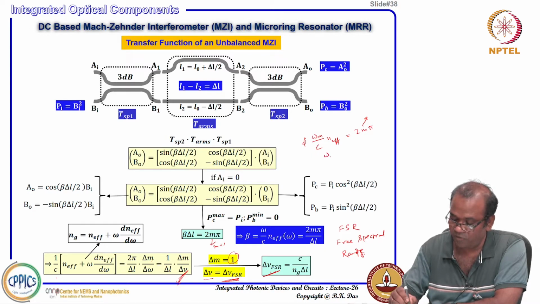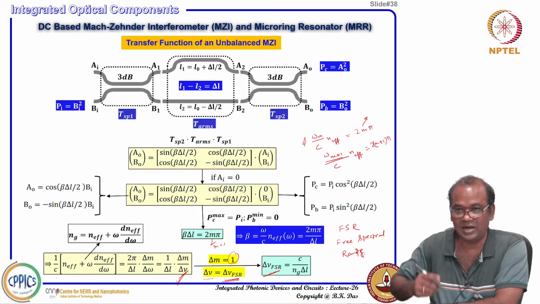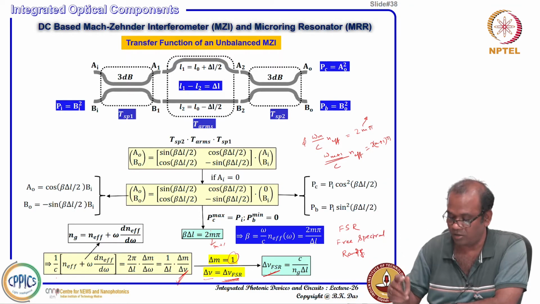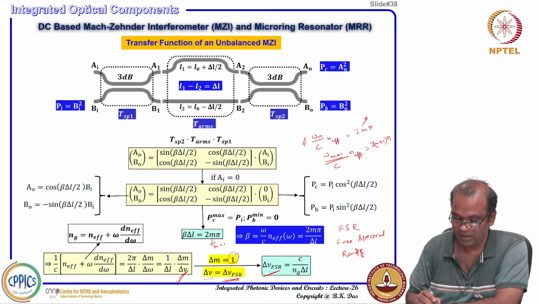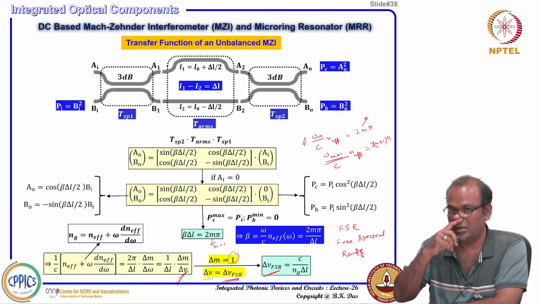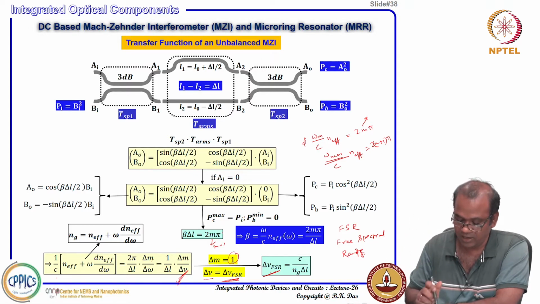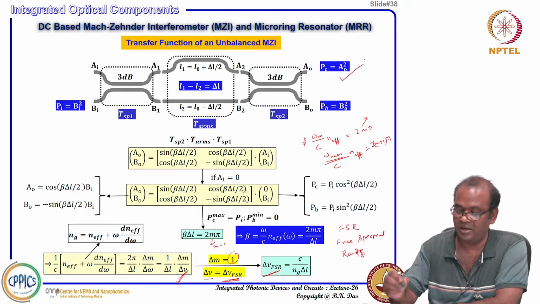Now, if I go for another integer value m plus 1, I will get another solution omega m plus 1, that will be 2 times m plus 1 pi. Because m is an integer, I can run it from 0, 1, 2, 3, 4 and so on. So, I get certain quantized frequencies where you get PC maximum here.